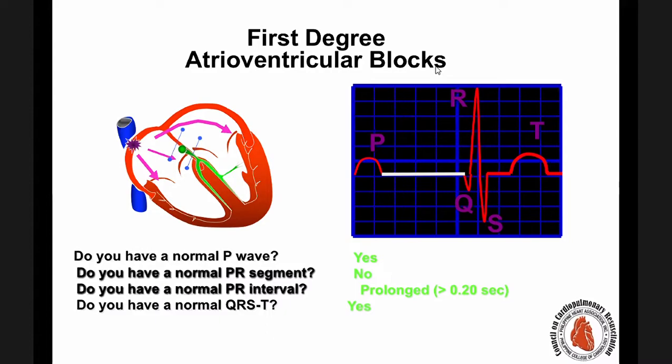But you have to be particular in looking at the PR interval, because if it's more than 200 milliseconds, that's already a first degree AV block. So a first degree AV block can be seen in a normal sinus rhythm, in a sinus tachycardia, and in sinus bradycardia, okay? But most of the time, we see that in patients with normal sinus rhythm, okay?